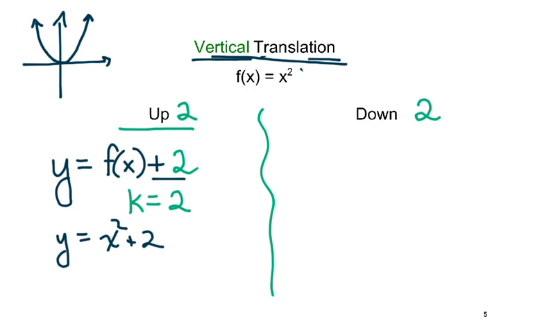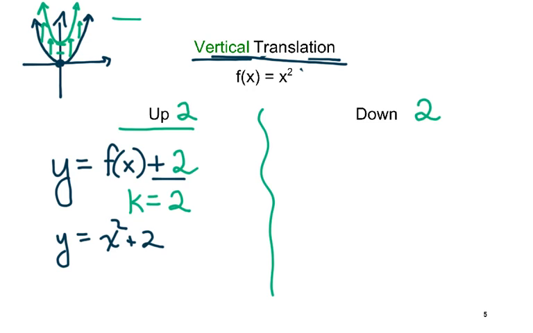What it looks like here on the graph is that we are taking this point and all of the points, and we are moving up 2. I want you to visualize that you're just taking the origin, the point on the origin of that function, and moving that up 2, and all the other points are moving up 2 points as well.